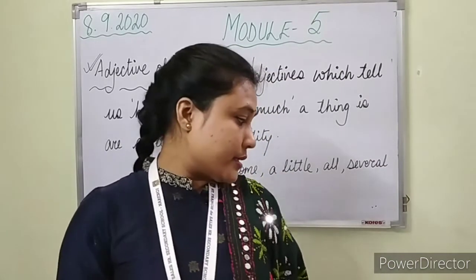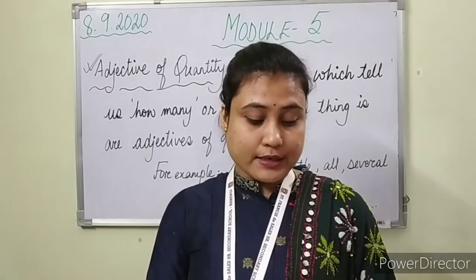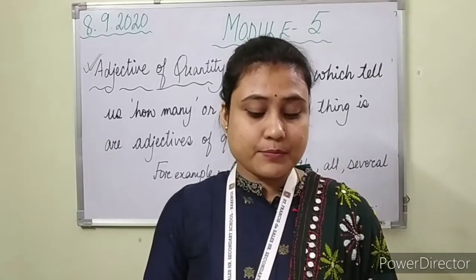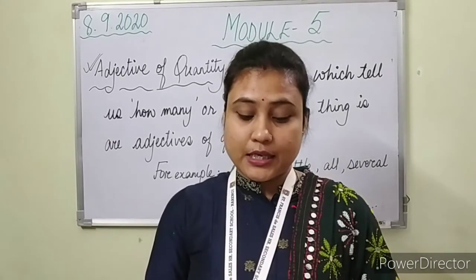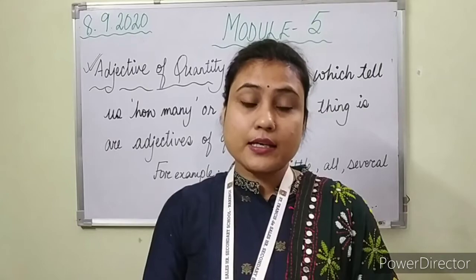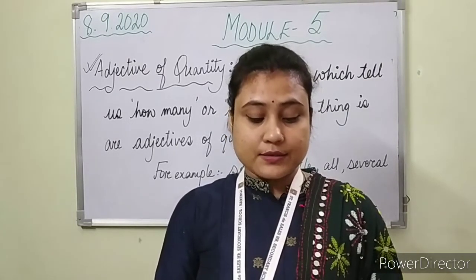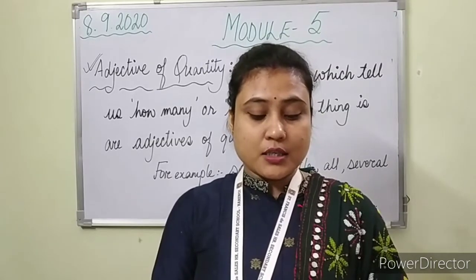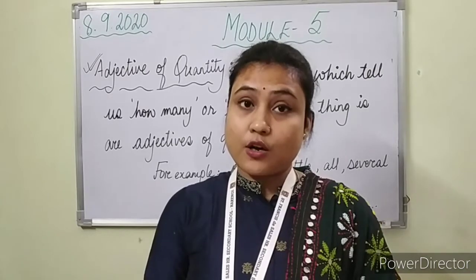Got it? Okay, so let's see what exercise we have in our workbook. In here, please come to page number 52, adjective of quantity. Please check the examples. He does not have any money. There is a little water in the jug. Can you see, it shows the quantity of the things, right? The words a lot, any, and a little show the amount or quantity of the nouns.